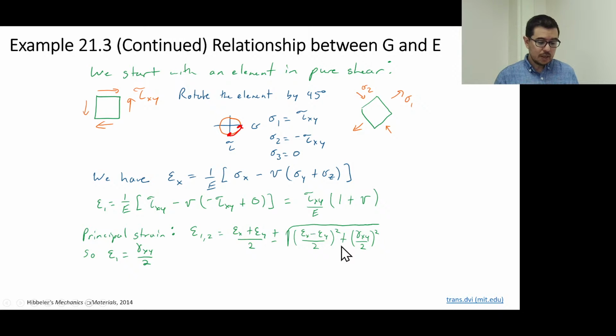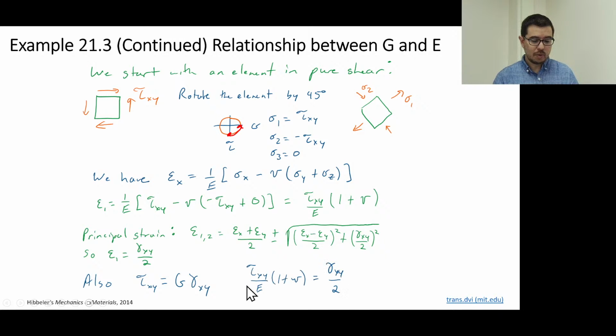Well, here's epsilon 1: epsilon x plus epsilon y over 2. If you plug these in, we get this. Or we can look back to what we were talking about previously: epsilon 1 is equal to gamma xy over 2, and tau xy is equal to G gamma xy.